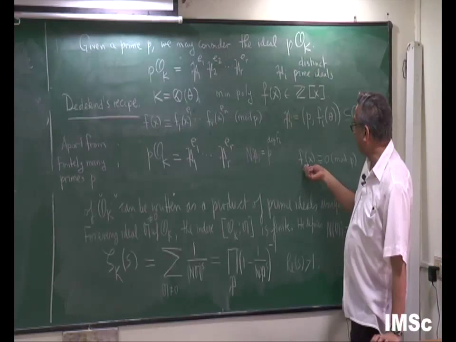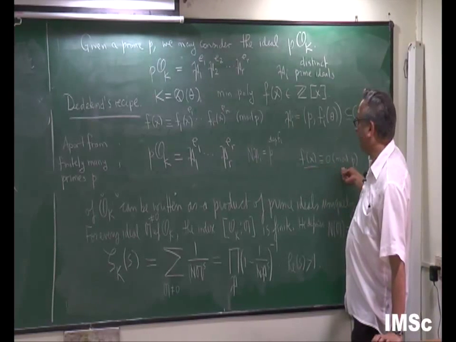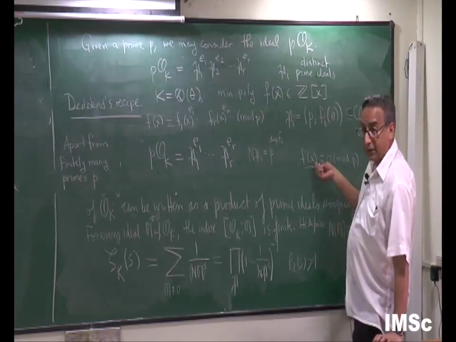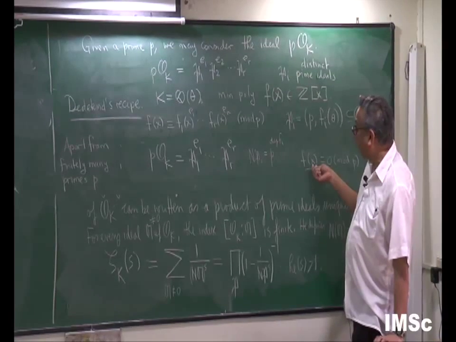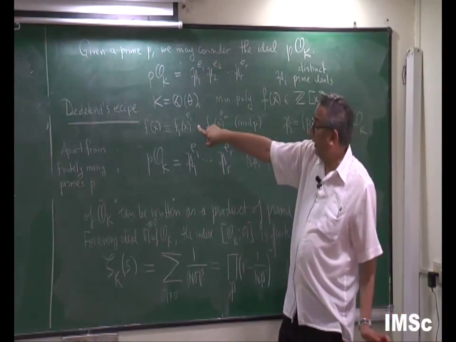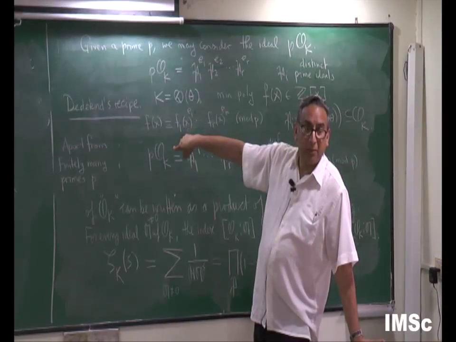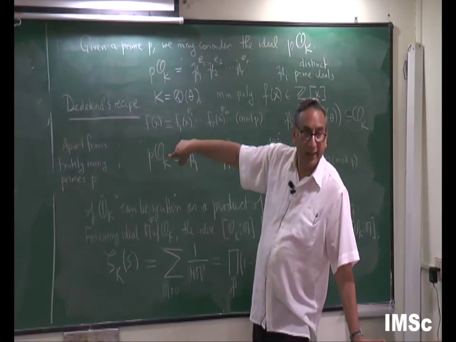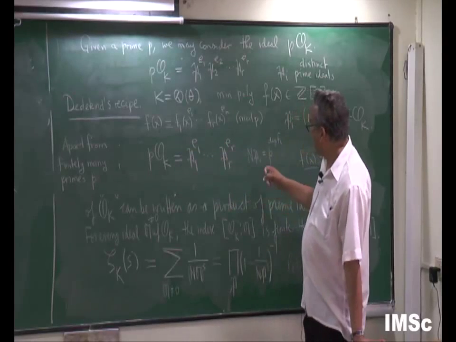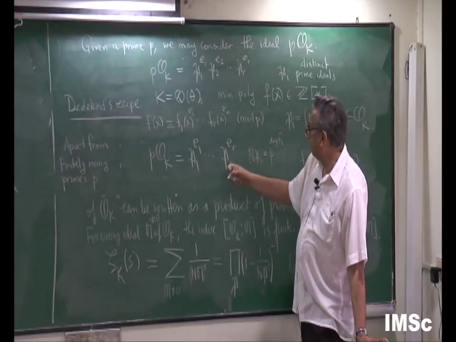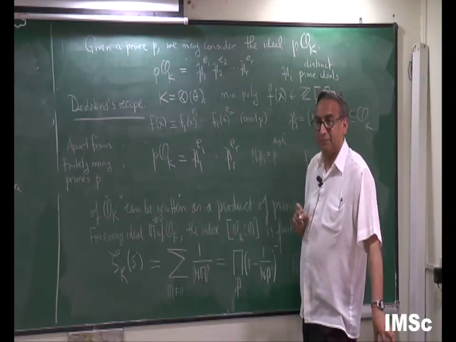So to say that f(x) is 0 mod p has a solution means that when I factor it, there's a linear factor here. That means there's a polynomial f_i of degree 1, which means that there's a P_i in here whose norm is p.